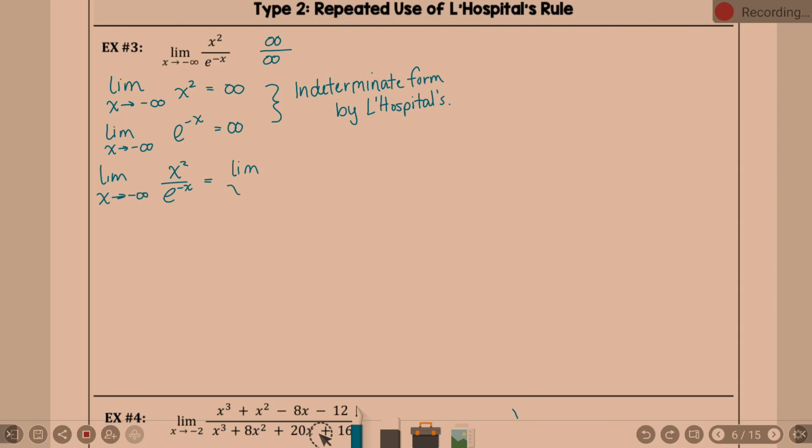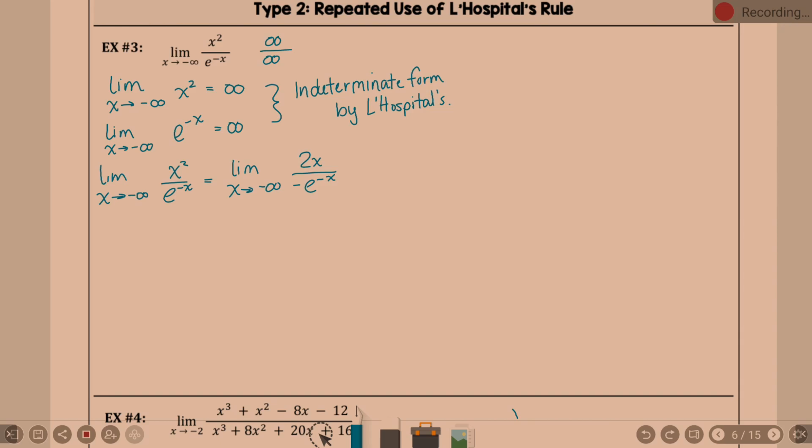The limit as x approaches negative infinity of, not quotient rule, just the derivative of the numerator, because we're doing L'Hopital's rule. 2x over, times negative, so negative e to the negative x. I'm going to write it as negative e to the negative x. Okay?